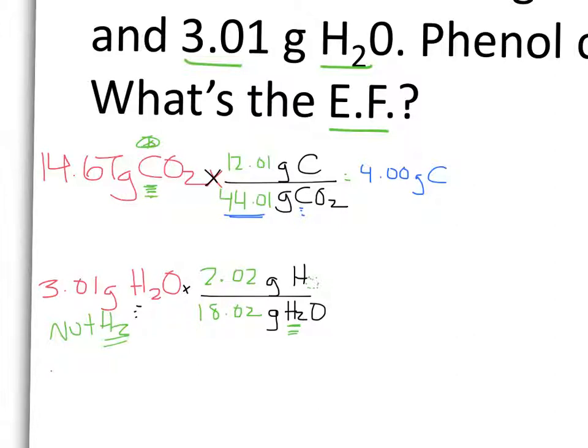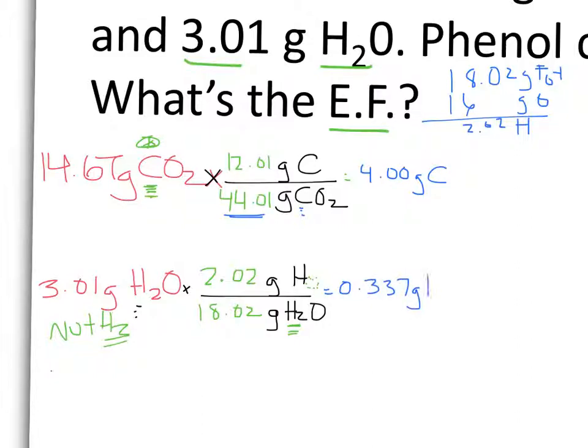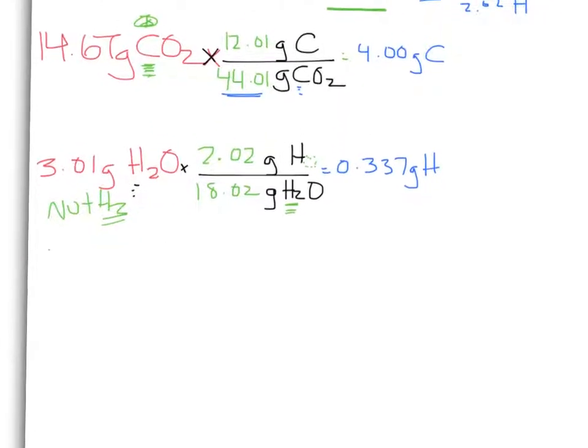And the way you could have done that very simply was, okay, if I have 18.02 grams, and some of it is H and some of it is oxygen, again, this is the total right here. Well, oxygen is 16, and that leaves me with 2.02 grams of hydrogen left, okay? All right, so when I run these numbers, that is going to give me 0.337 grams of hydrogen. Okay, well, now I know my mass of hydrogen and I know my mass of carbon.